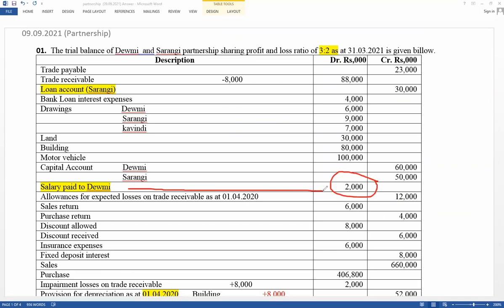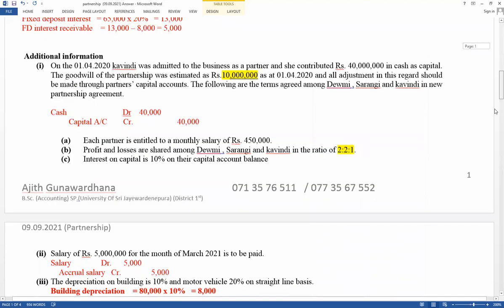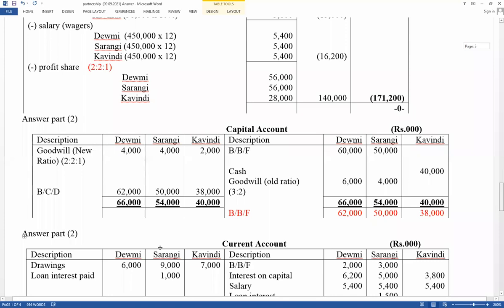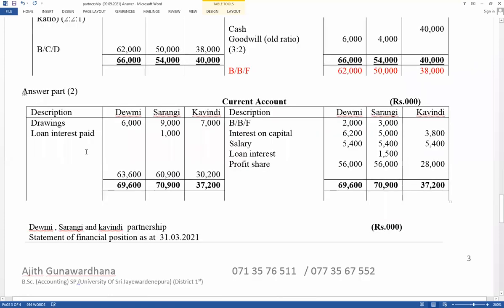Think Devmini. Therefore, that value also should be recorded on the debit side of the current account as salary paid. Record it. Current account debit side as salary paid Devmini, $2,000.